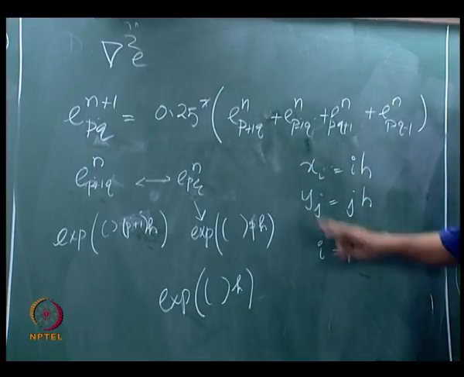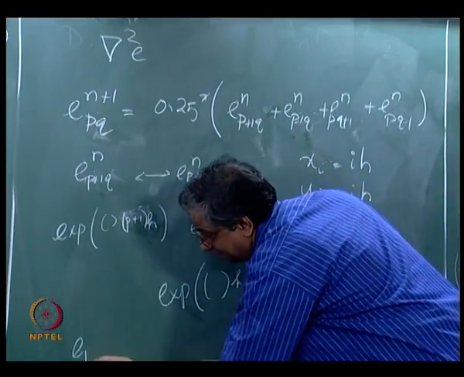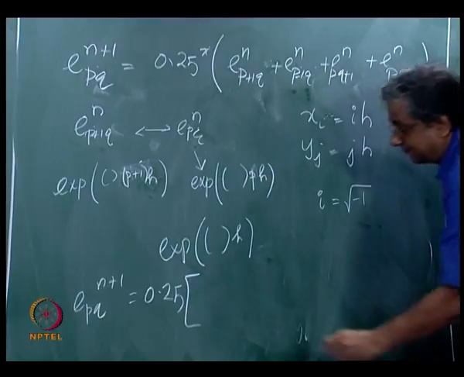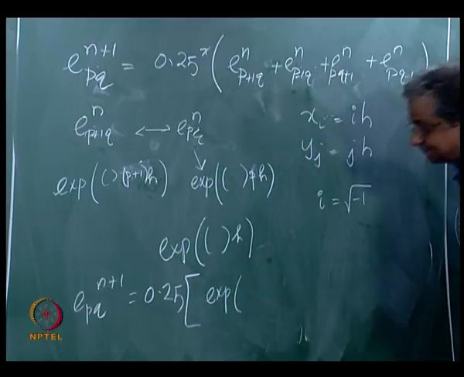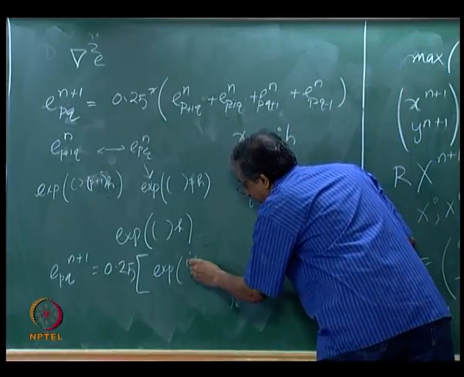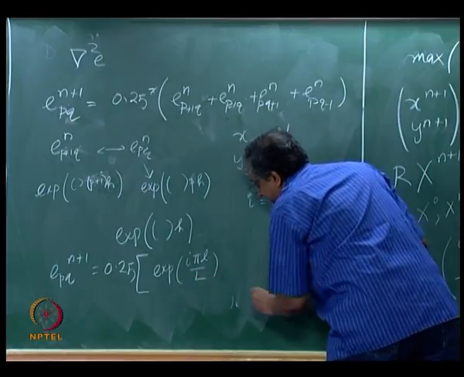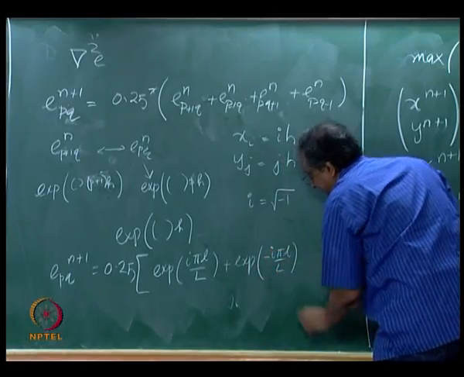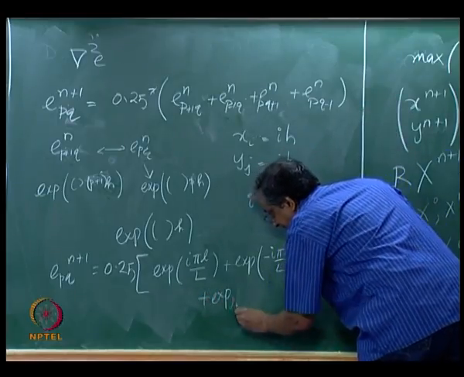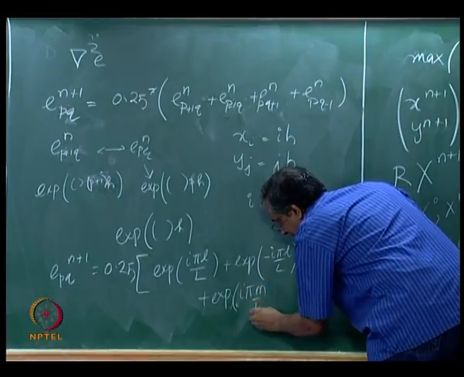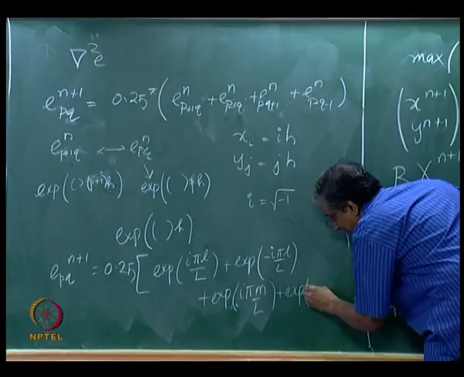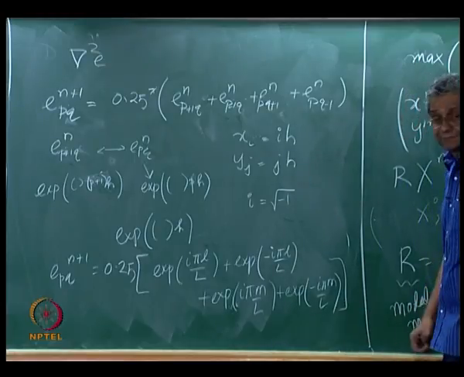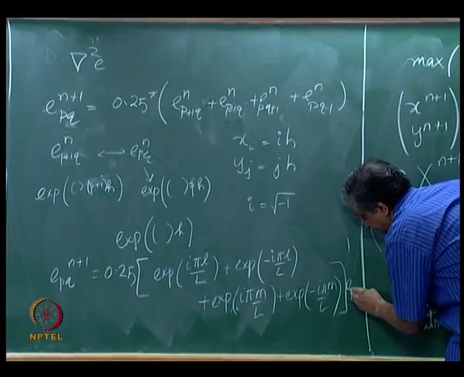So this equation using this information then becomes E_pq at n plus 1 equals 0.25 times exponent of i pi l h by capital L plus exponent of minus i pi l h by capital L plus exponent of i pi m h by capital L plus exponent of minus i pi m h by capital L, the whole into E_pq at n.